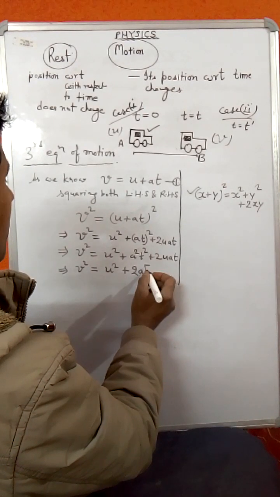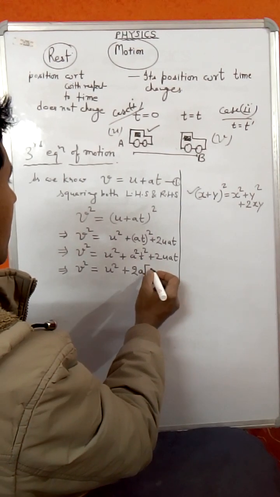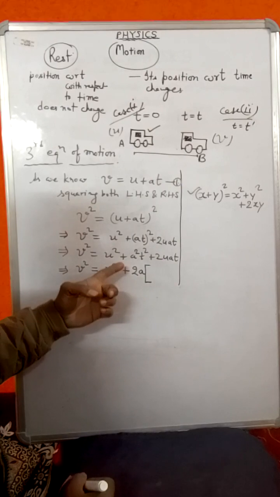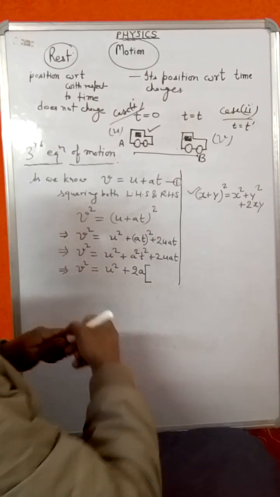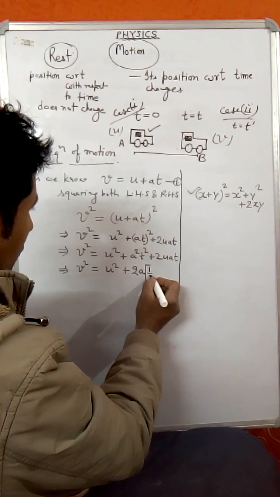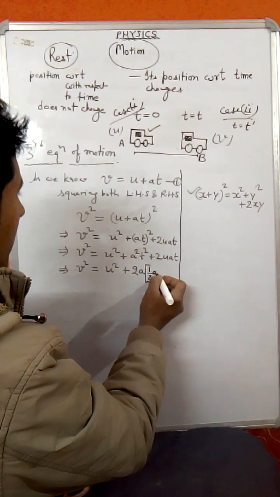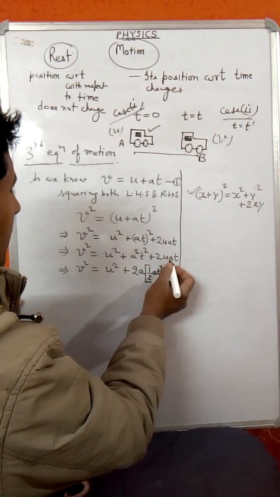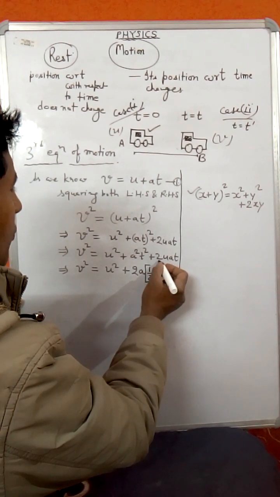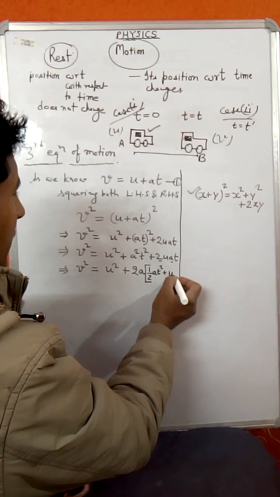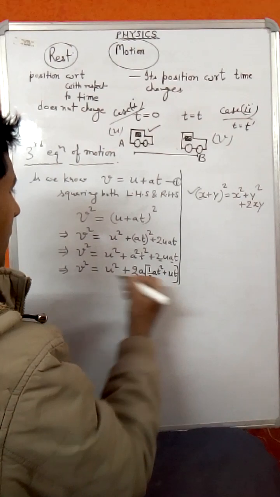So what we will be getting here? Now we are taking 2a as common, so what shall I have to write? 1 by 2 a t square plus, now here 2a has been taken as common, so we will be getting ut. Correct?